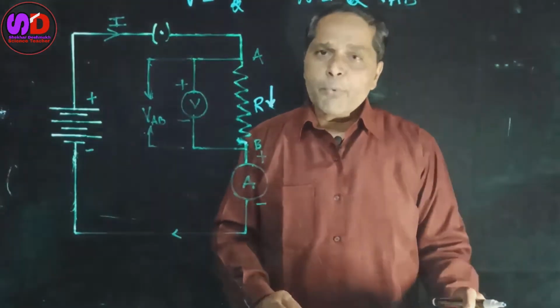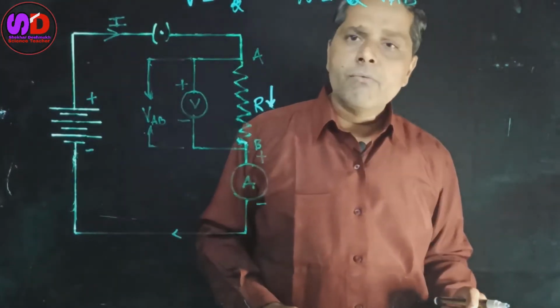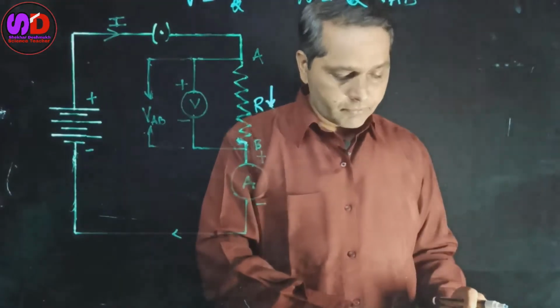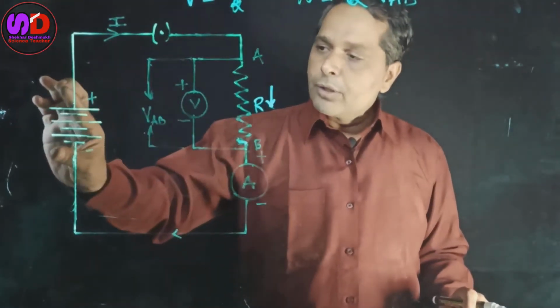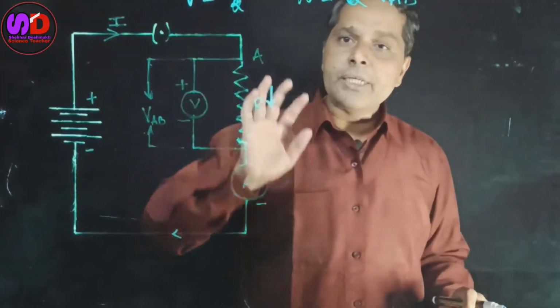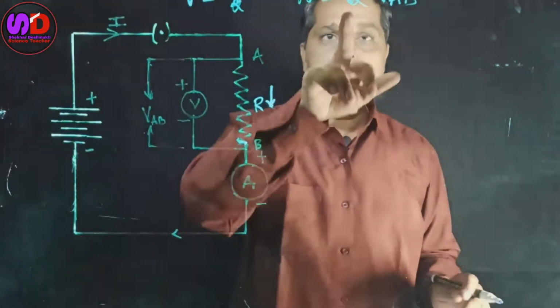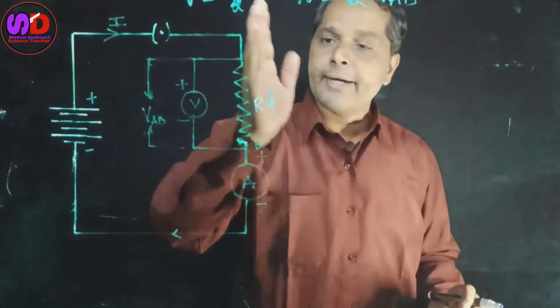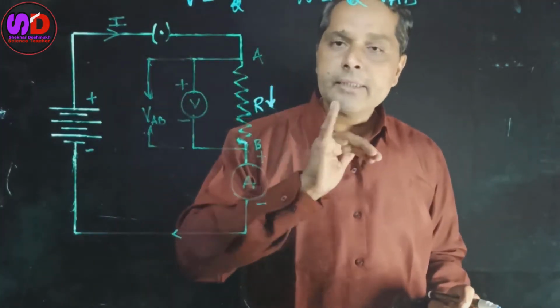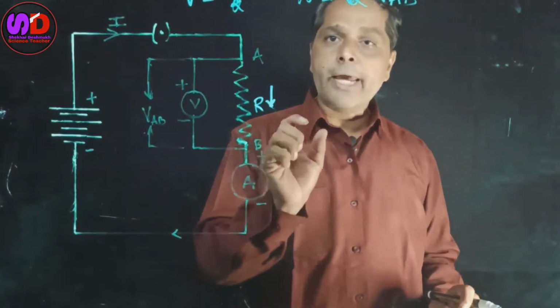Suppose this work is done for time T, then this much amount of energy, Q into VAB, is provided to this resistance AB for time T.